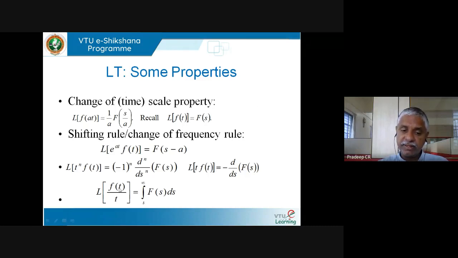And then finally we have Laplace of f of t by t. When I divide f of t by t, what happens to the Laplace? It becomes the integration of the Laplace of f of t. That's what this formula says. I want you to see a relation here.